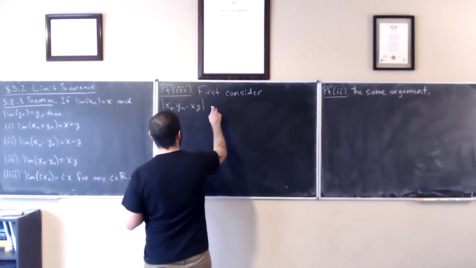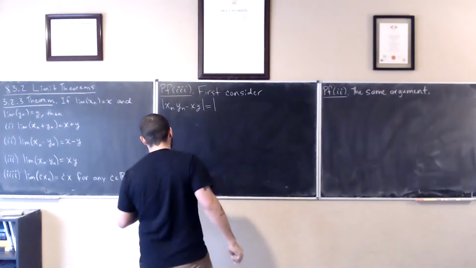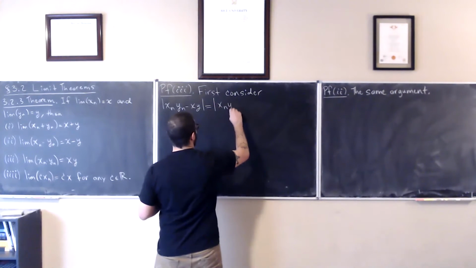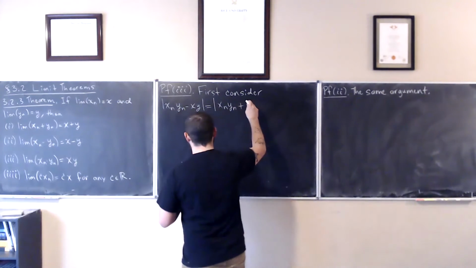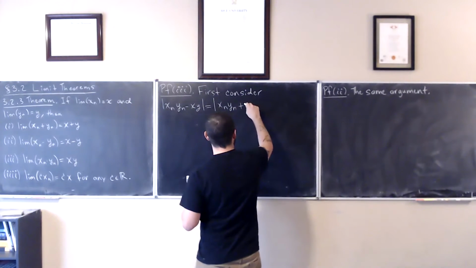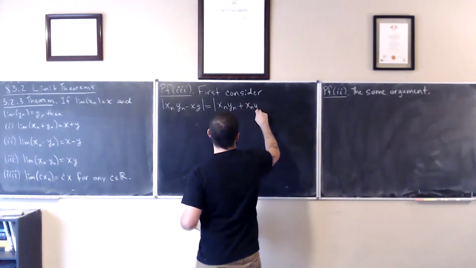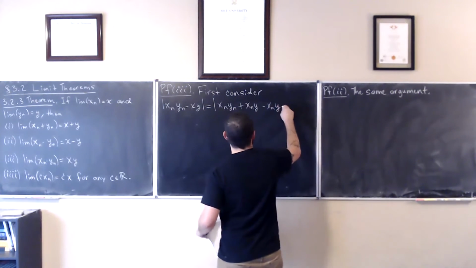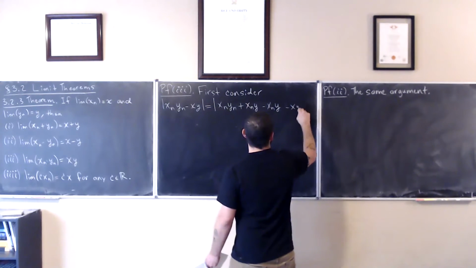So notice that this is equal to, if we just add, say, there's two choices, I'll do this one. xn y minus xn y, we're adding 0 again, we do this all the time. That's y.